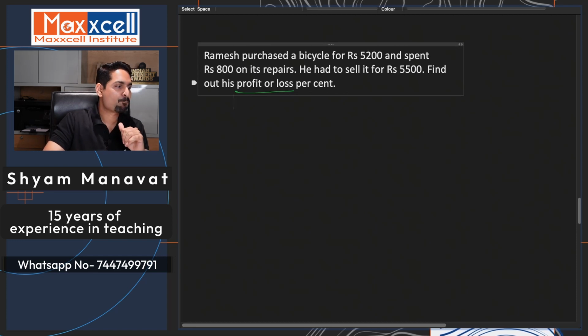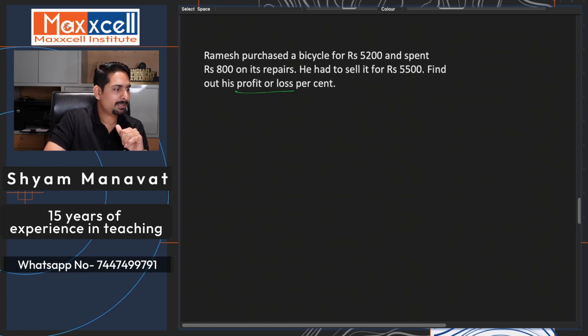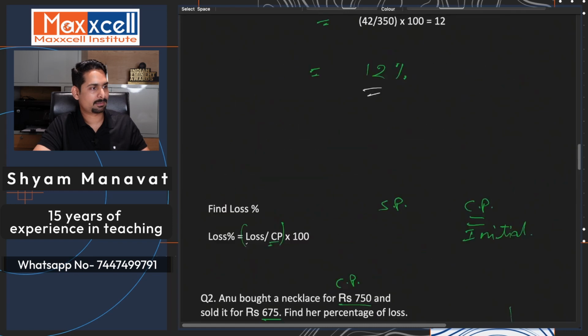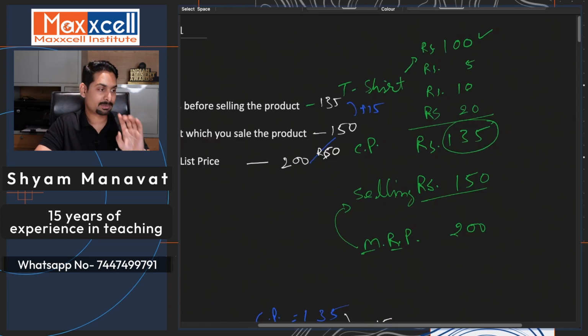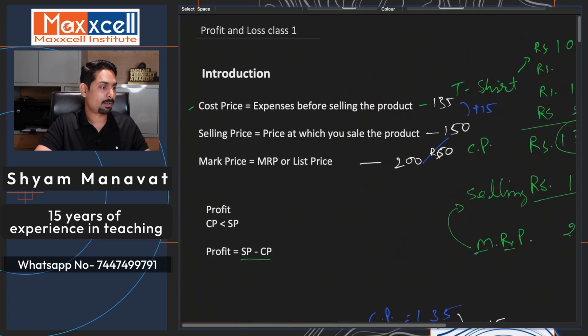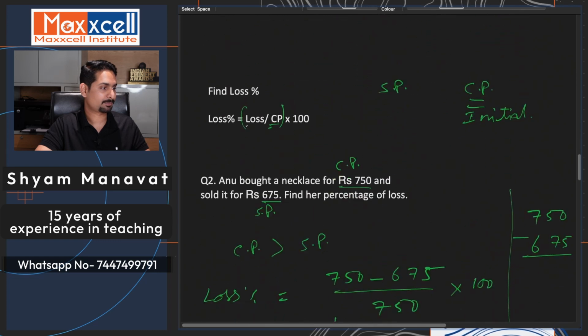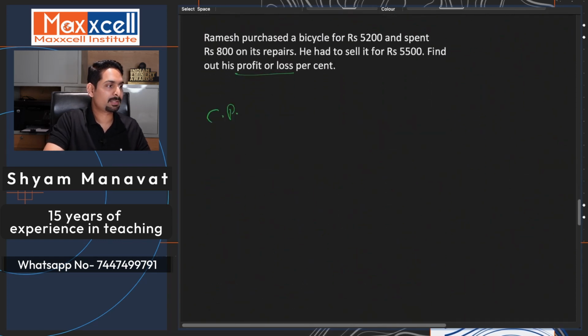Okay, so as discussed here at the beginning, whatever expenditure you are doing before selling the product, they all come under cost price. So here the expenditure is a repair, right?